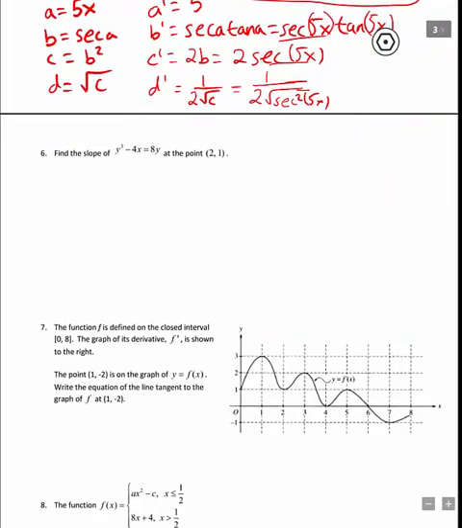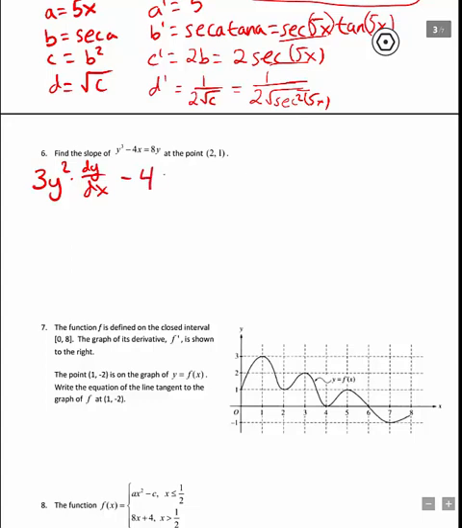Alright, question 6. Find the slope. This is implicit. When we have x and y, it's implicit. So derivative of y cubed is 3y squared dy/dx, minus derivative of 4x is 4, equals 8 dy/dx. Now we solve for dy/dx, so I'm going to subtract and add.